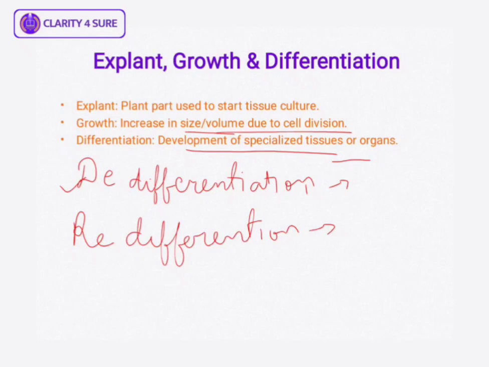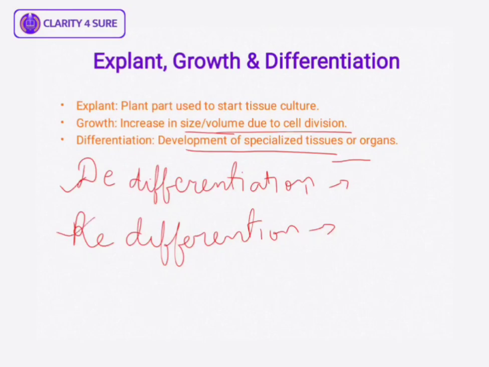Differentiated functional cells revert to a less specialized state, regaining their ability to divide. So in plants, parenchyma cell, once differentiated, can become meristematic tissue to form cambium. Okay. So this can happen during tissue regeneration, wound healing, or in the development of tumors where cells lose their specialized features and start dividing uncontrollably.